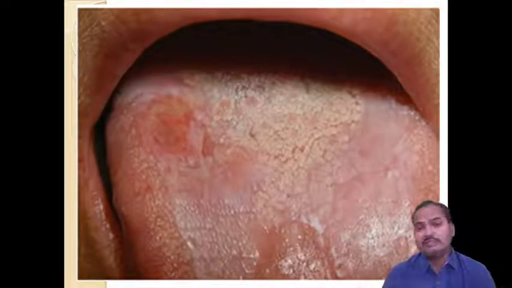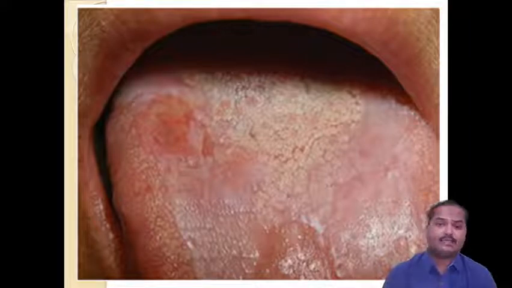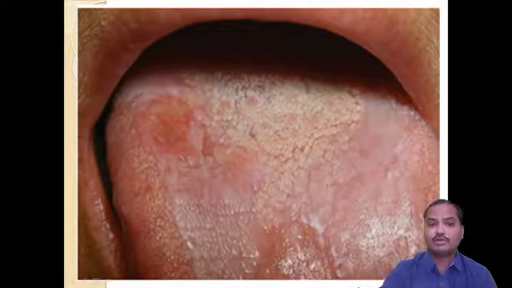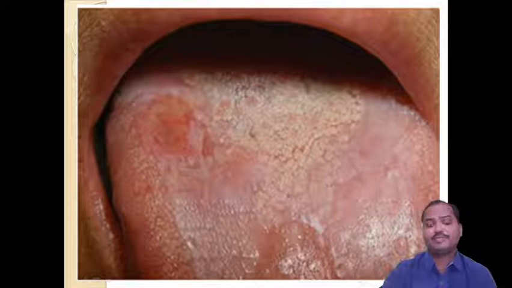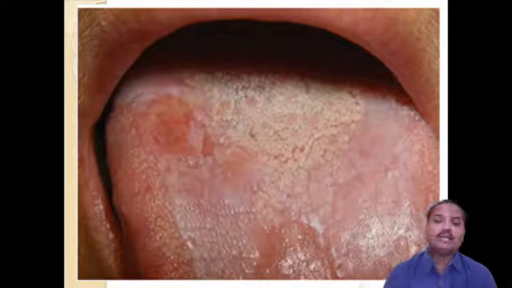This is another lesion of lichen planus where we can see a plaque present on the dorsal surface of the tongue, and erosion is present, along with a certain granular appearing surface. This is a very susceptible area for biopsy, because oral lichen planus also has a malignant potential.